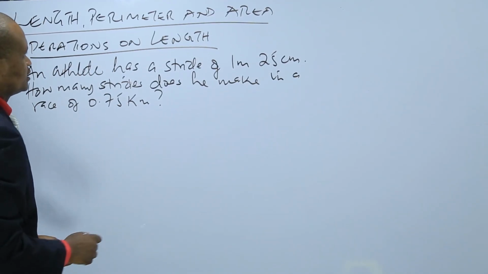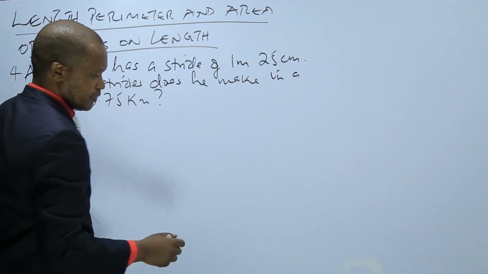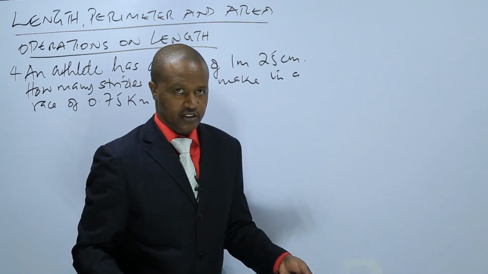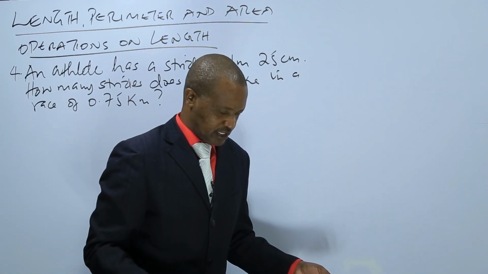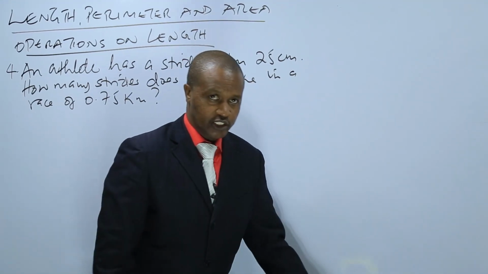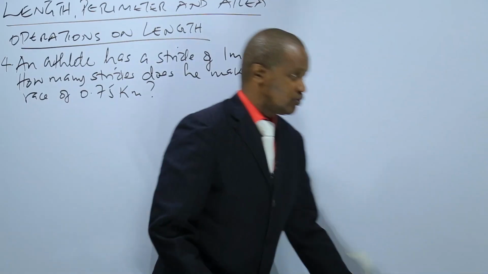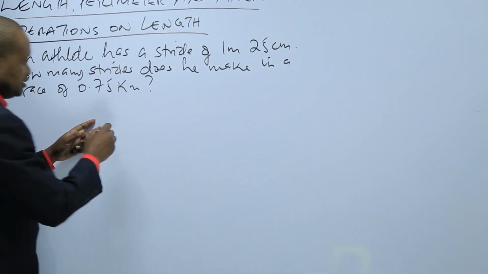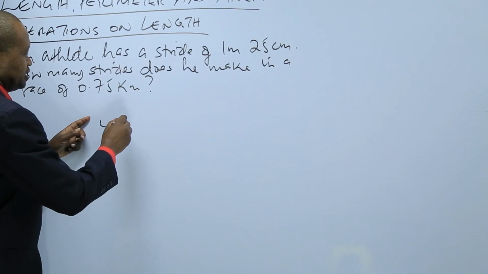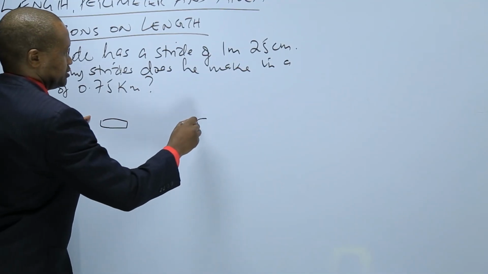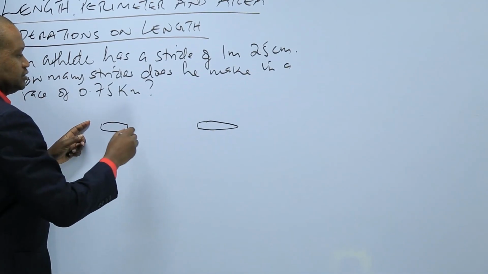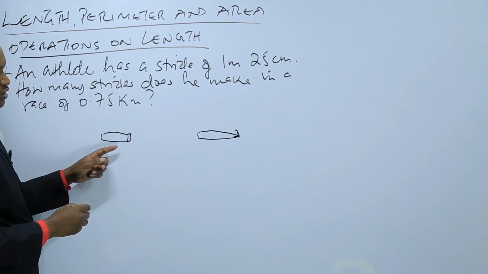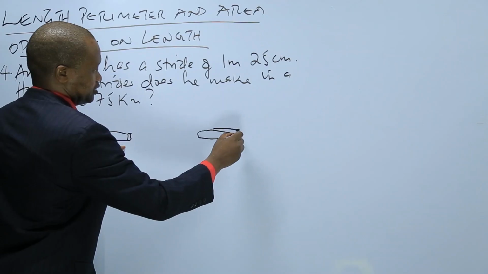An athlete has a stride of 1 meter and 25 centimeters. A stride is just like one step. If you are to measure a stride, it is from one leg to the other, those are toes.